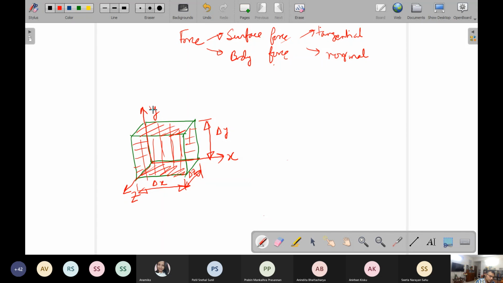Now we have to understand the physical origins of this tangential and normal force. The tangential force, its physical origin is viscosity. So for inviscid flow, that is where viscous effects are not important, tangential forces are absent.